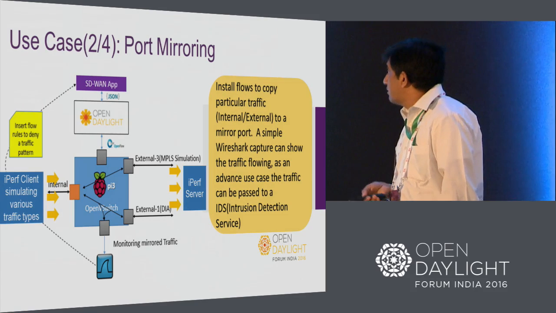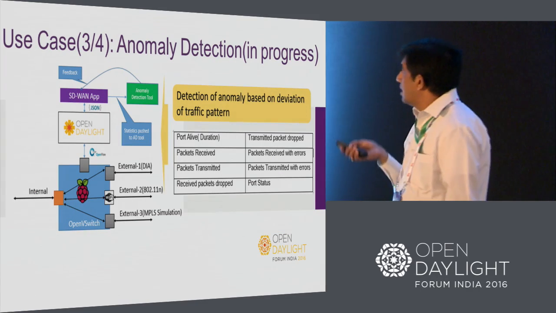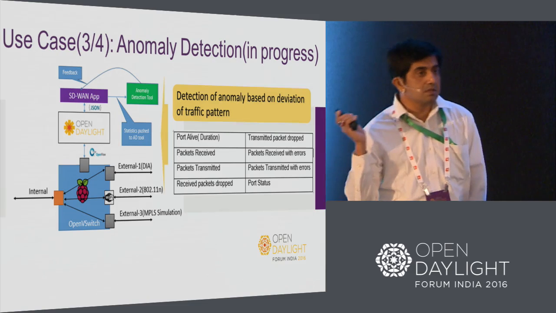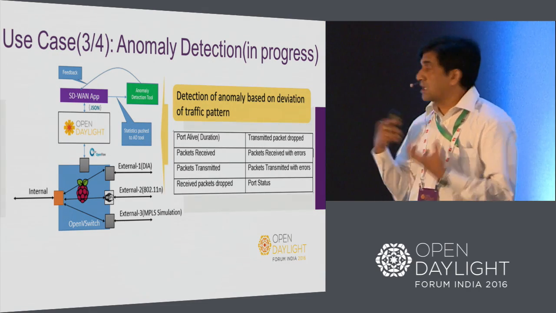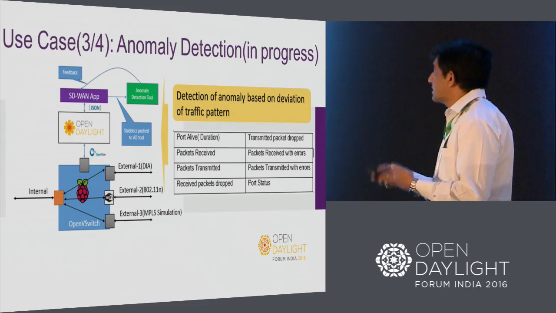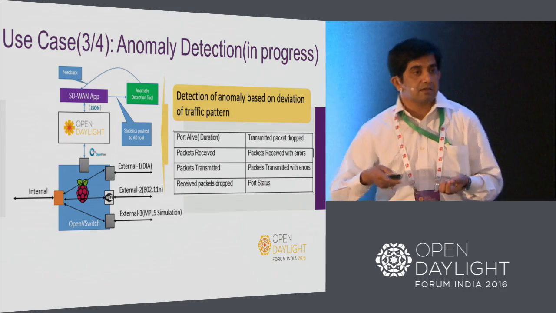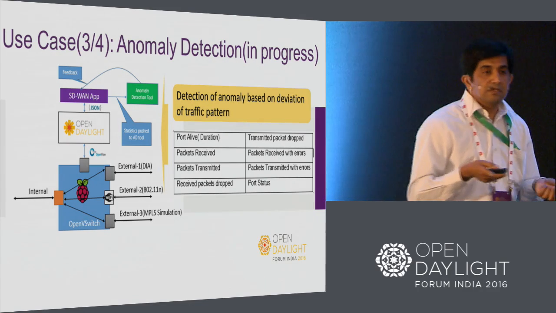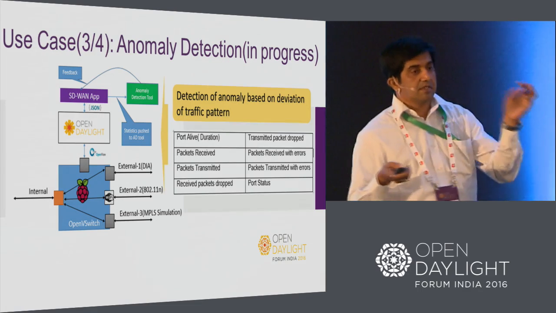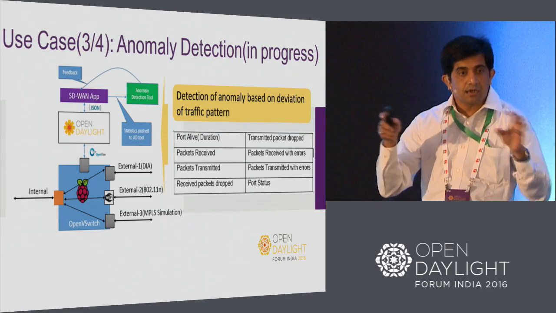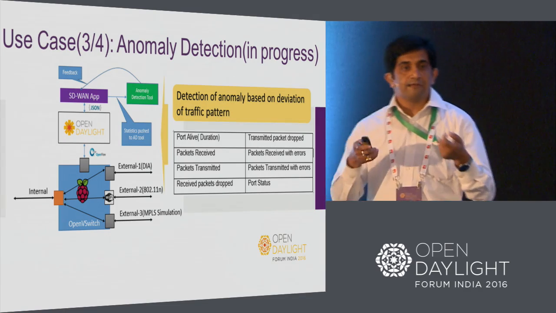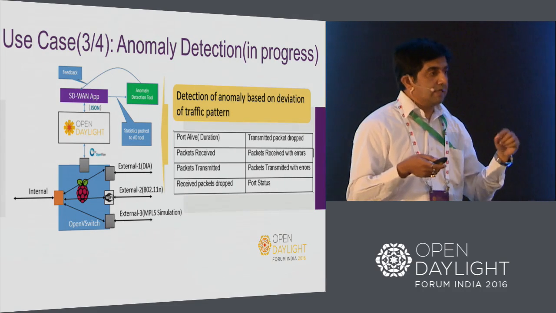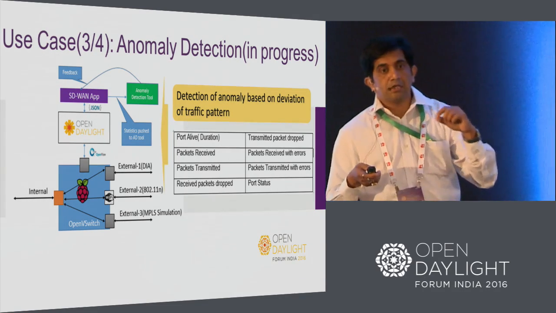Another case is anomaly detection. Here we are using our tool, which can act upon data sets and give you outliers. A typical example is if your source IP and destination IP is changing for a pair of endpoints, or you are observing, from the statistics, that at a particular time of the day there is a drop in the traffic.